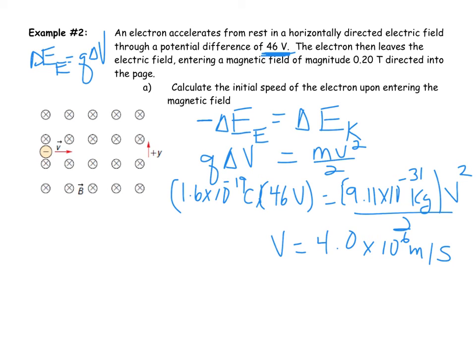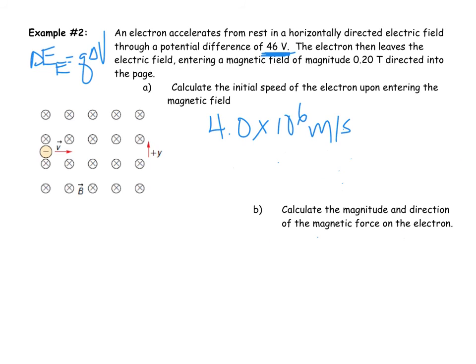All right, now let's take a look at the second part of this question. Part B says, calculate the magnitude and direction of the magnetic force on the electron. So let's tackle the first part of this, which is the magnitude of the magnetic force.